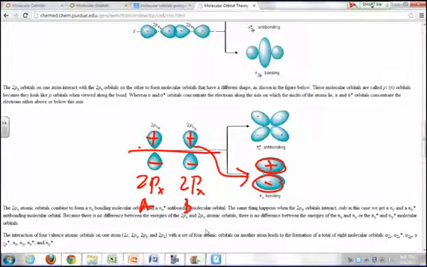That would be a pi bonding orbital. And if this was negative, then you would end up with a pi antibonding orbital.